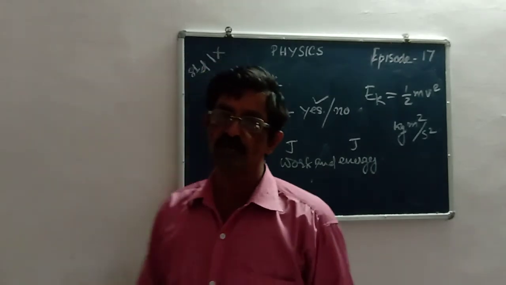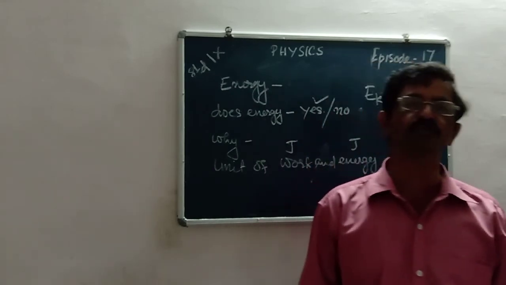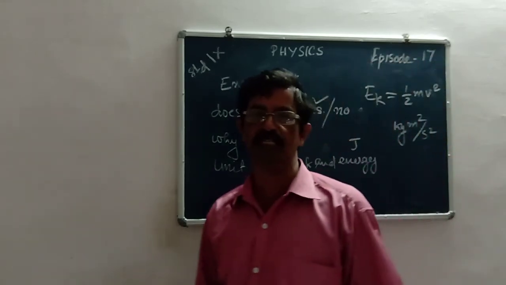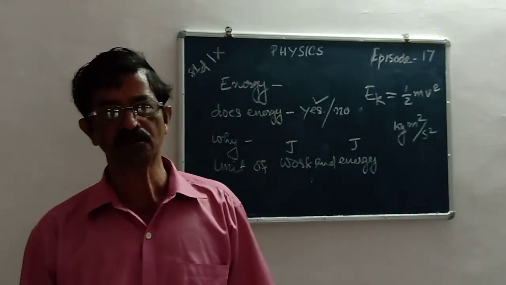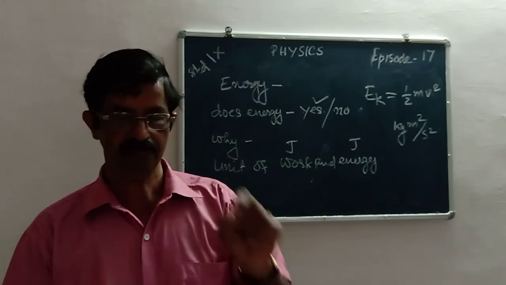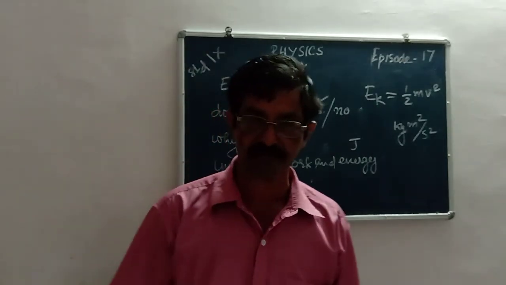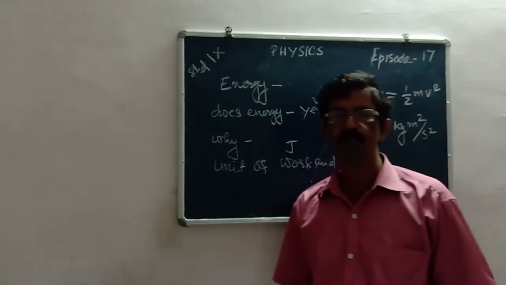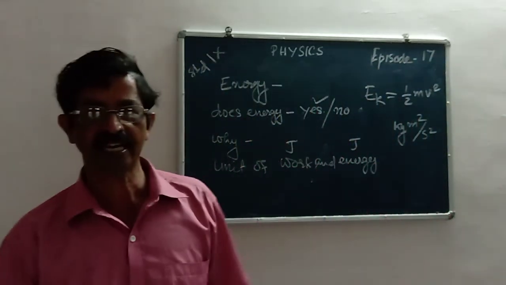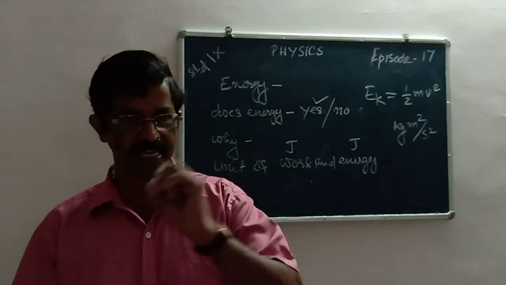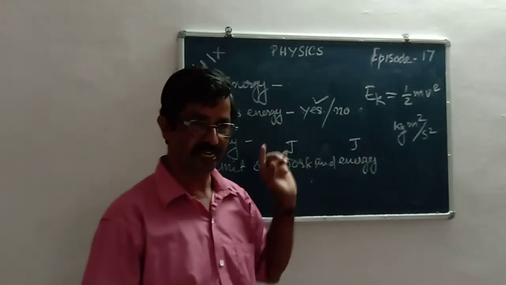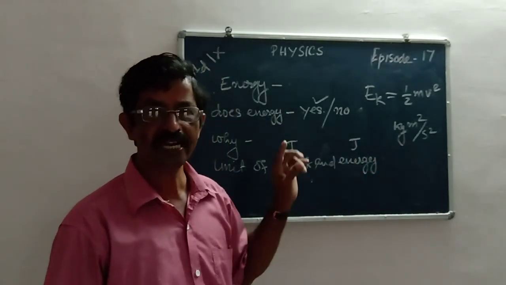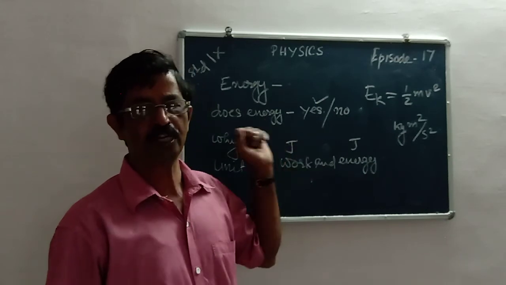Now, we also discussed different forms of energy. Among them one is mechanical energy. That mechanical energy consists of two other energies. Which are they? One is kinetic energy that we discussed here, and another one is potential energy.